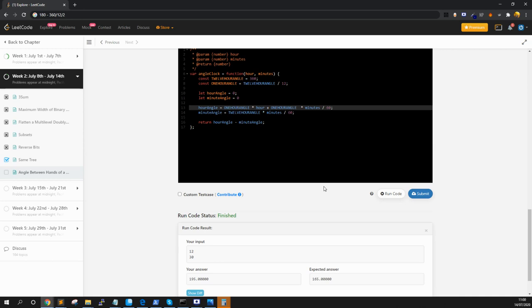So what I would like to do, because here I cannot see which values I have, right? So I'll just output those two values. Console.log.